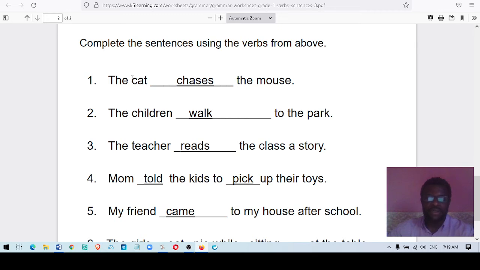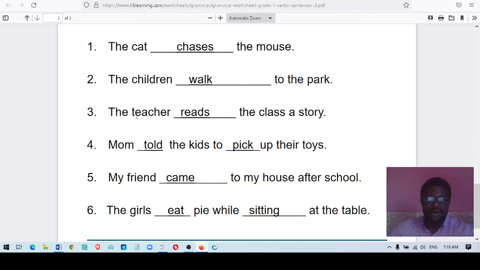If we've got it, or he, or she, then we usually add s, or es, or ies. But here we've got the children. If I change this to a pronoun, it's going to be they. So I, you, we, they. We don't put any s or es or ies to our verb. That is why here we've got the children walk to the park.